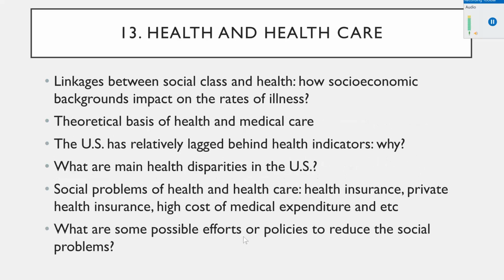Health is a very big issue because there are strong linkages between social class and health. Lower-class people and people of color are more likely to have a large number of illnesses and more serious illnesses.